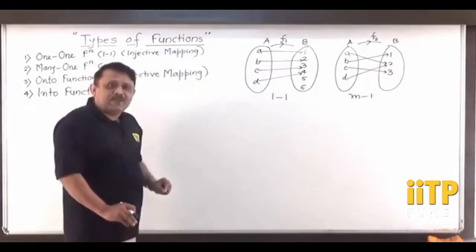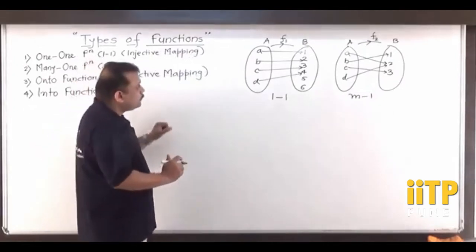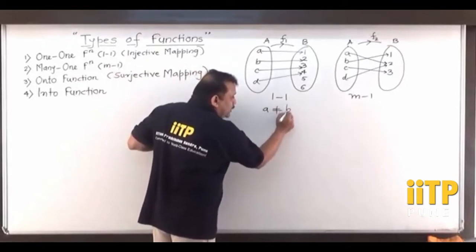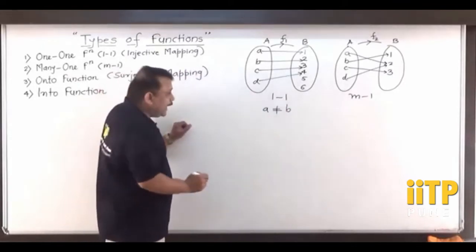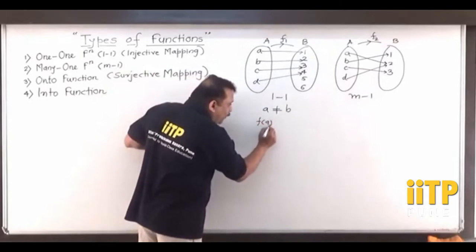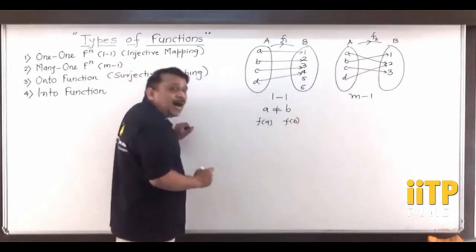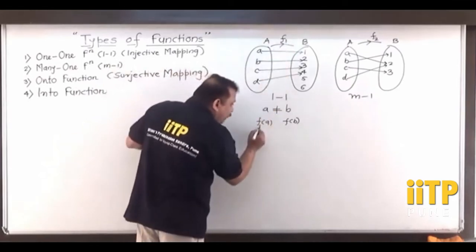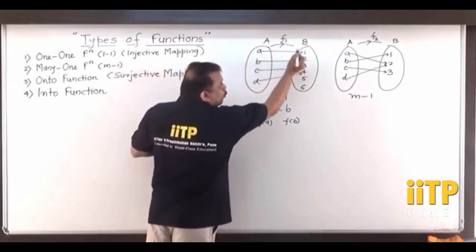One can see this definition in another way. a and b are not same. That means their images f of a and f of b. Are they same? What is f of a? Here actually it is f1. So f1 of a is how much? 1.